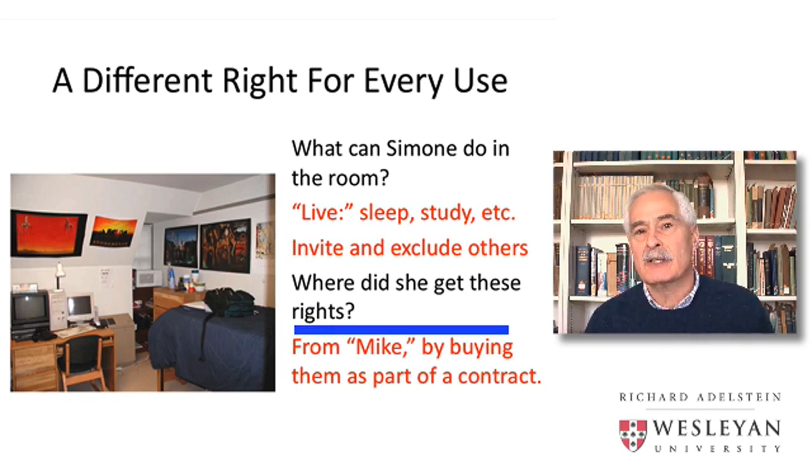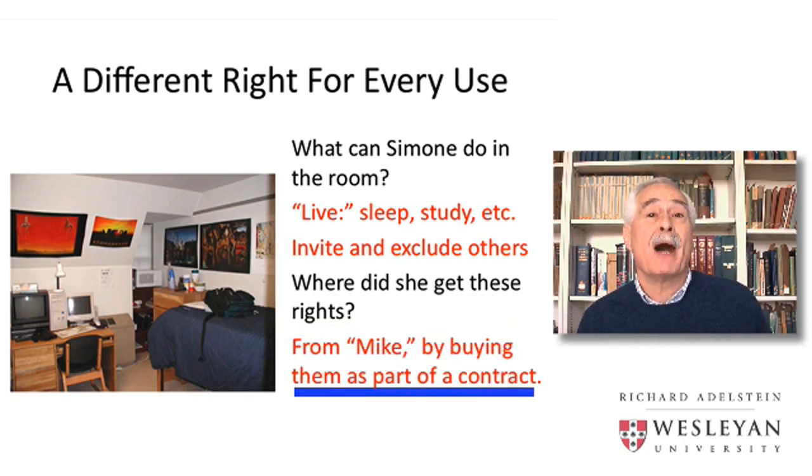Where did Simone get these rights? Well, at our university, she got the rights in a housing contract between her and Wesleyan. In the housing contract, Simone agrees to pay a certain sum of money for the right to live in the room between September and June of the academic year. She gets these rights, as I say, by purchasing them from the university.